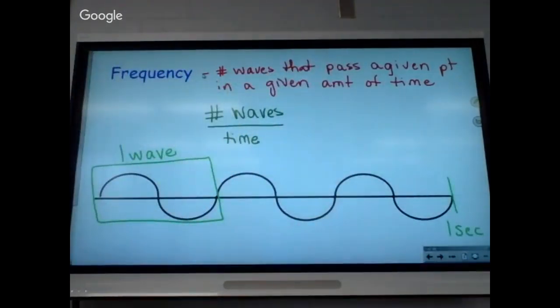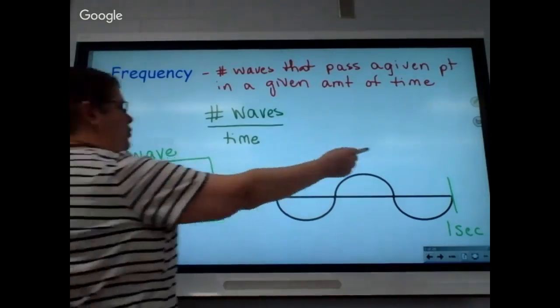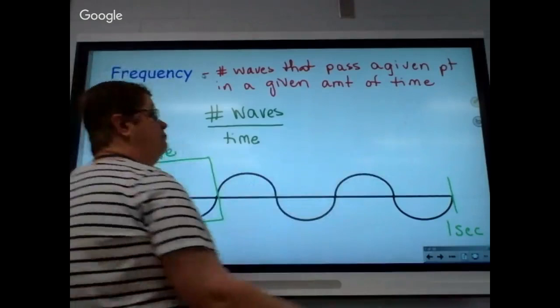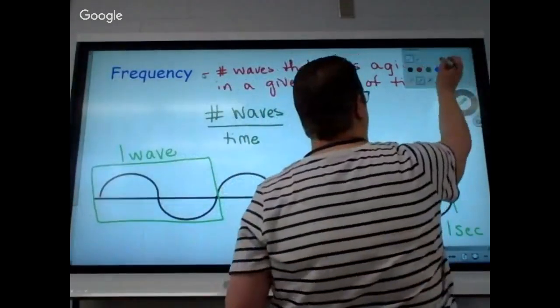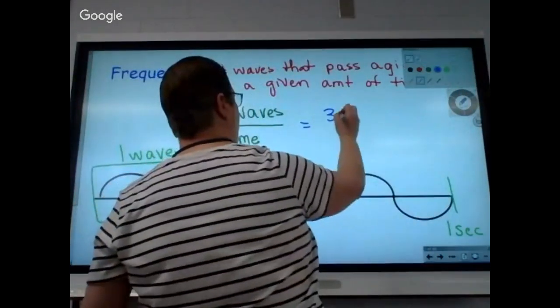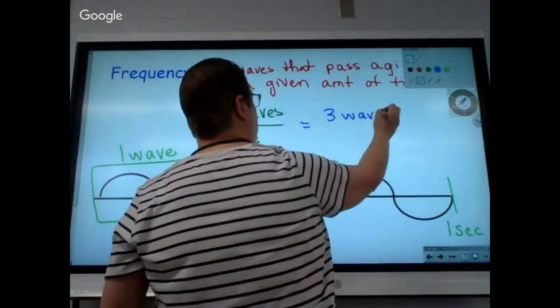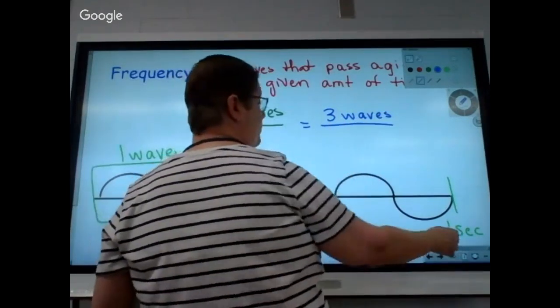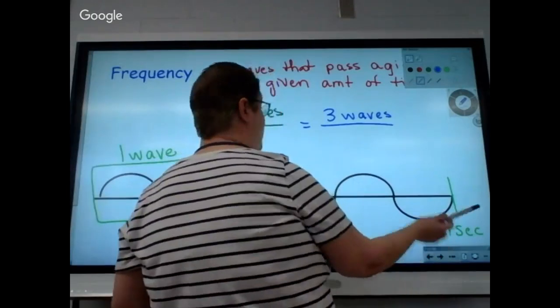What can you tell me about my numbers of crests? You have 1, 2, 3. How many troughs do I have? 3. Okay, as long as my crests and my troughs match, counting waves is easy. I have 3 waves. As long as they match, it's a breeze. I have 3 waves over my time. That's why I told you I was cheating. My time is 1 second.